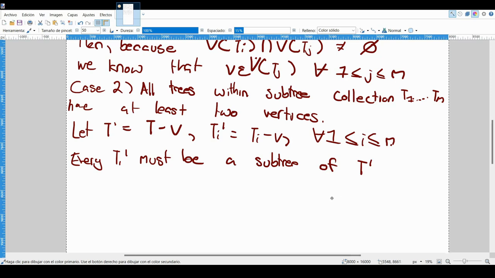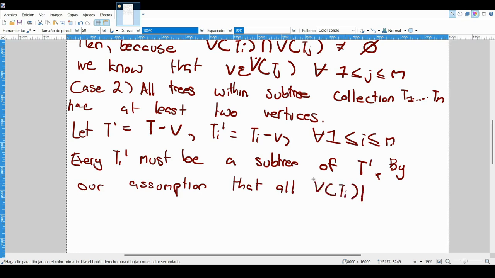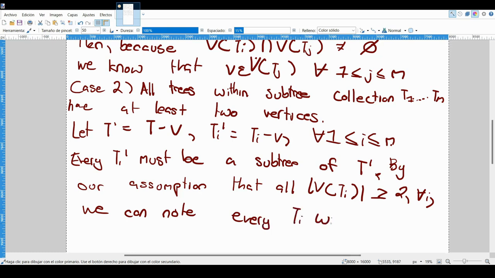And we can also note that by our assumption that all Ti have more than one vertex, we can note every Ti with V must also contain U, which is the unique neighbor.